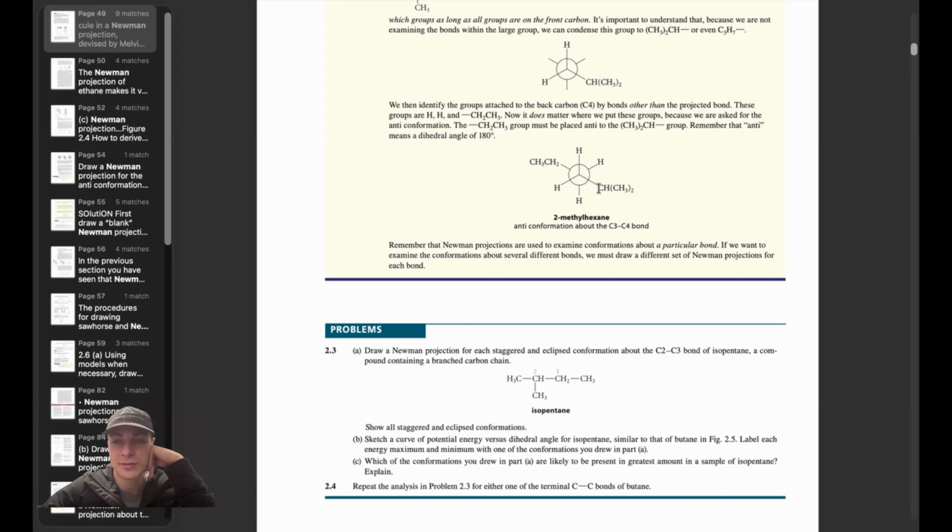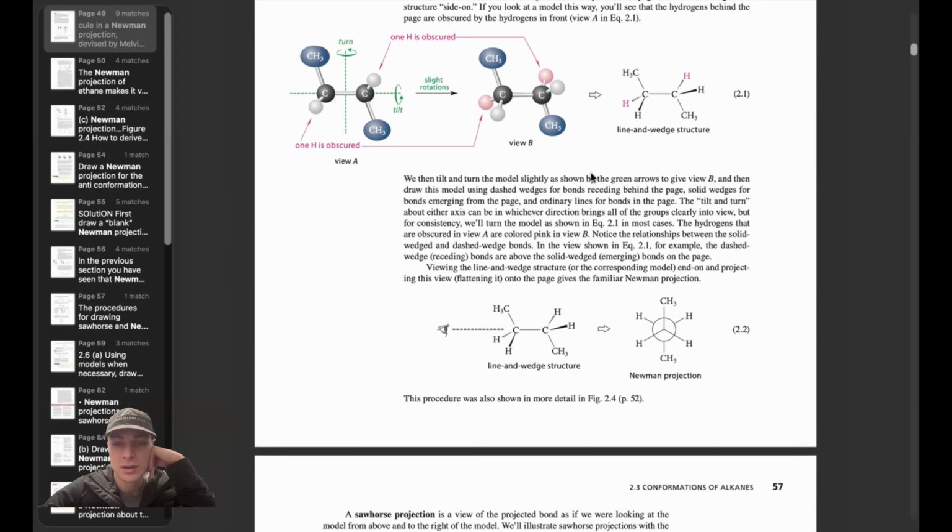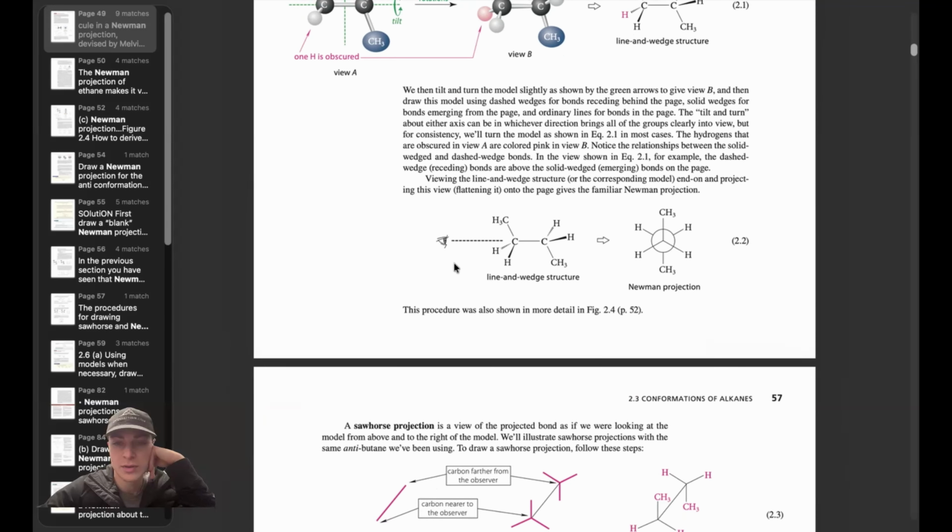And the groups coming off the front carbon are drawn from the center of the circle. And this is what I was referring to about the eye. Sometimes you'll see that drawn as, okay, we are looking from this perspective down this carbon-carbon bond. And that's what results in the Newman projection.